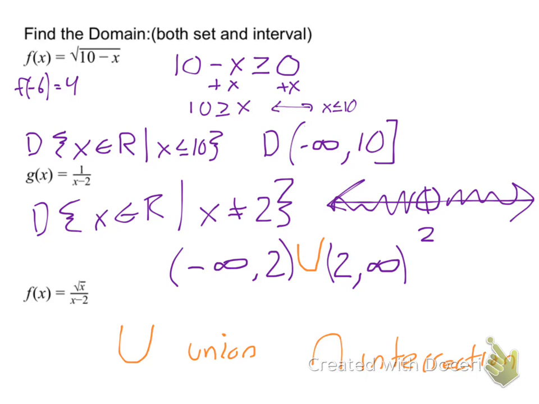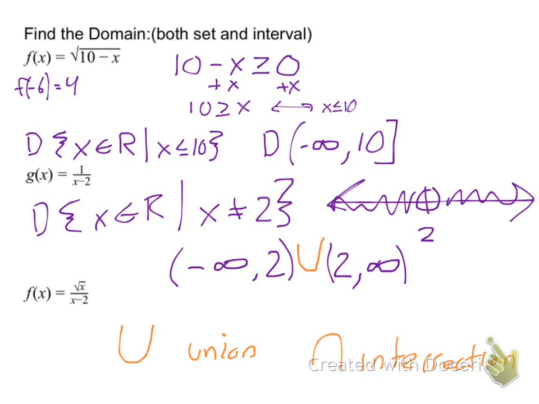So if they both have a 1, then the answer can be a 1. If one has a 2 and the other one doesn't, then 2 doesn't go along. So we've got unions, we've got intersections. For us right now, we're only going to use the union, the U, between 2 sets, kind of marrying them together.